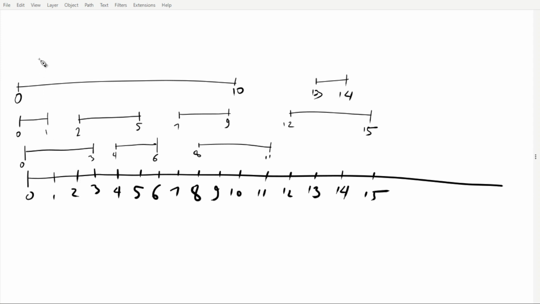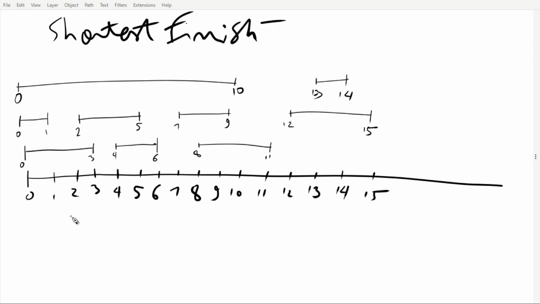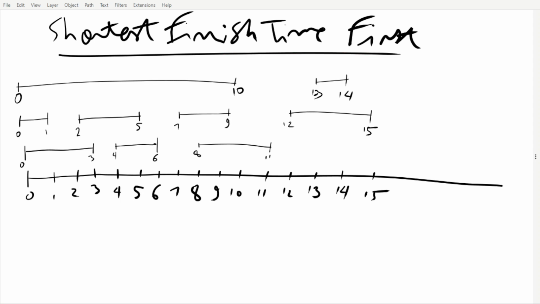Now step 1 of the shortest finish time first algorithm: we have to sort in increasing order of the finish time. So we sort and number them from 1 to 9.